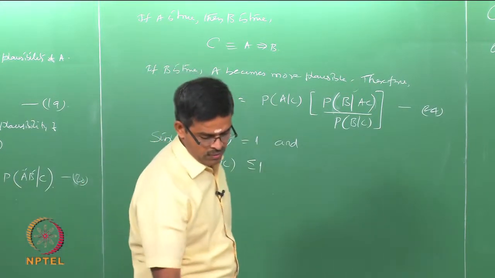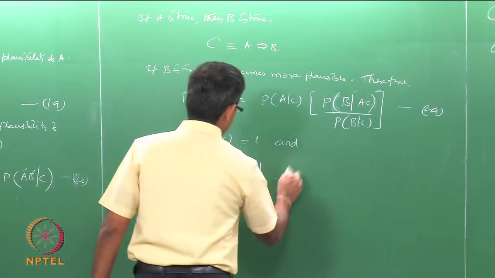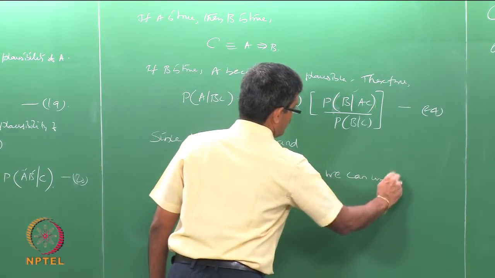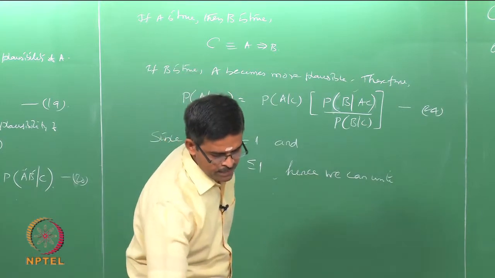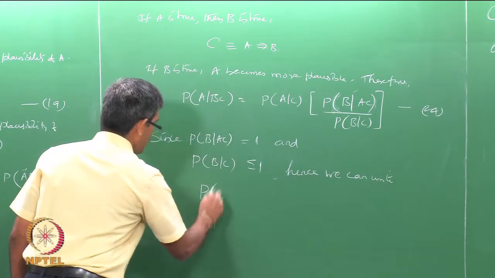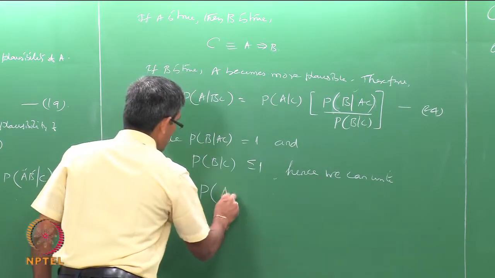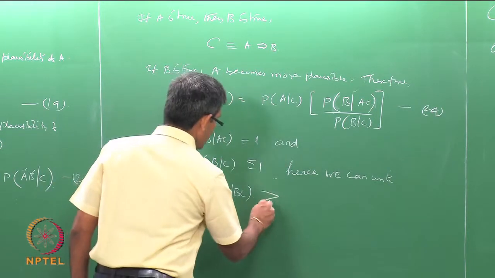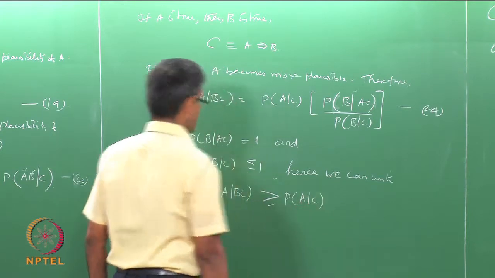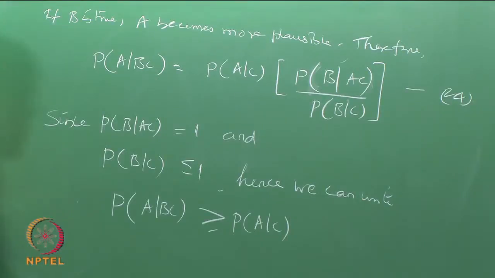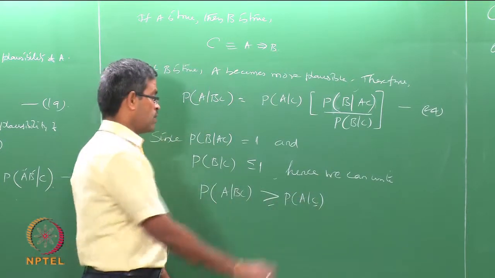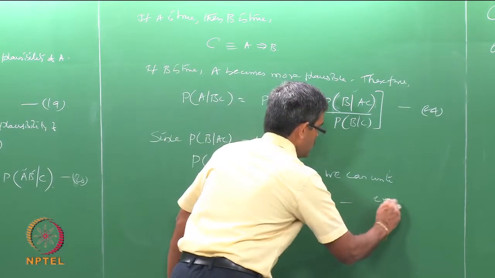We are not sure about the occurrence of the event, hence we can write the above equation slightly as probability of A given BC, which is here, is greater than probability of A given C. So, the knowledge level of B along with C has improved the confidence level in expressing A if you have only one data of C which is giving the confidence level of A. So, equation number 25.